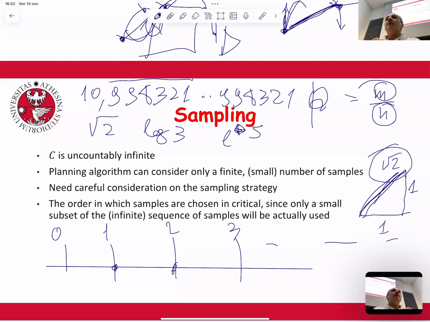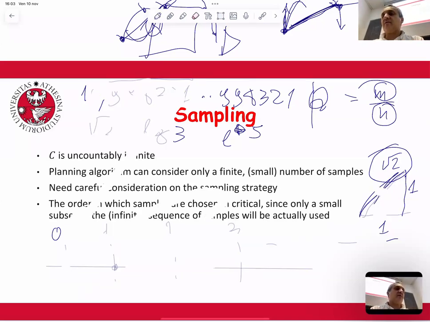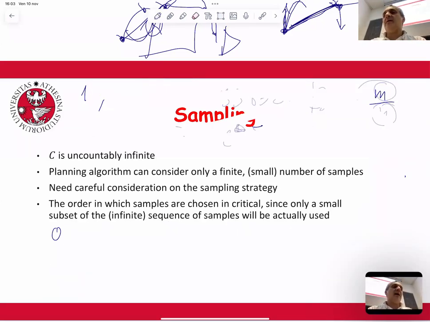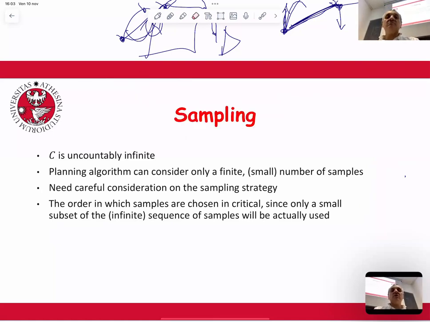Okay, so going back to the problem, here planning happens in the free physical space, and so the configuration space is obviously uncountably infinite. So it contains an infinite number of configurations.